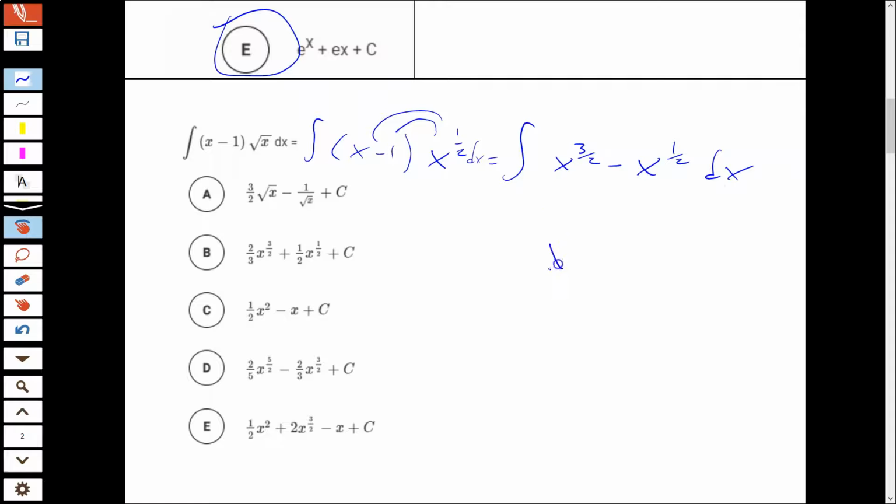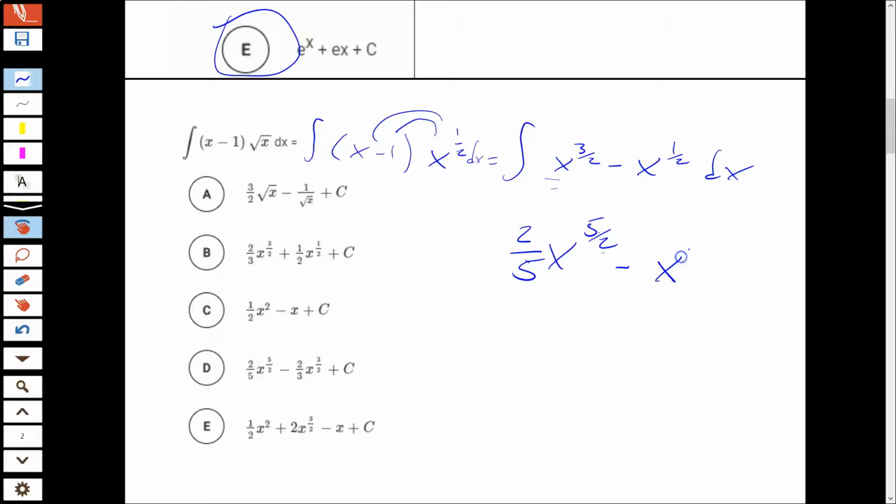So I'm going to add 1, that gives me x to the 5/2, and then I need to multiply by the reciprocal to get a plain old x when I take the derivative, right? So 2/5, and then when I take the derivative of this, I would do 5/2 times 2/5, and that would give me that plain old x with no coefficient that I want.